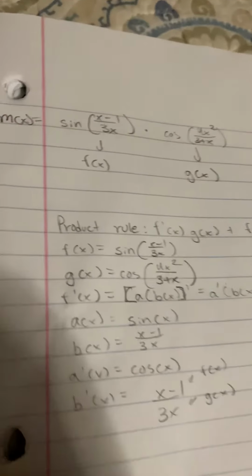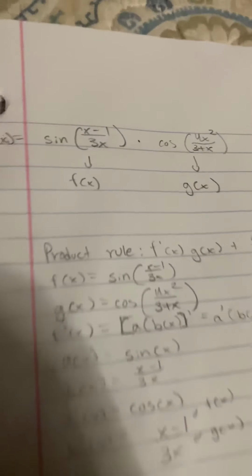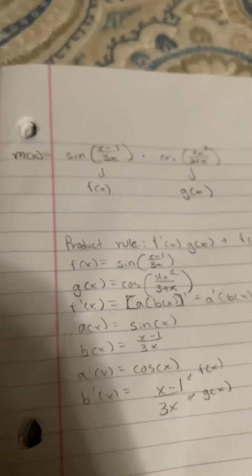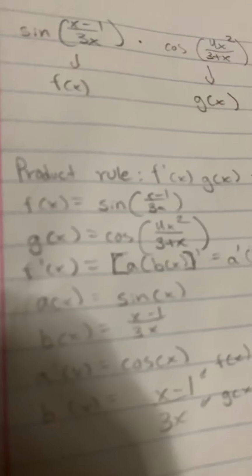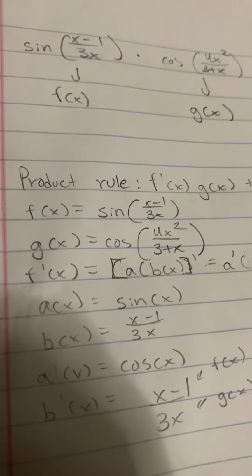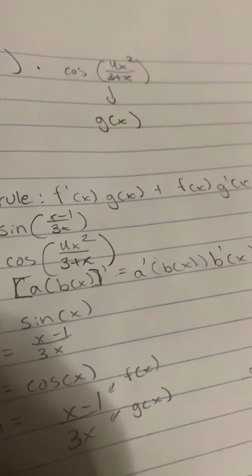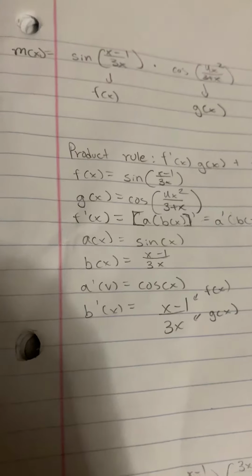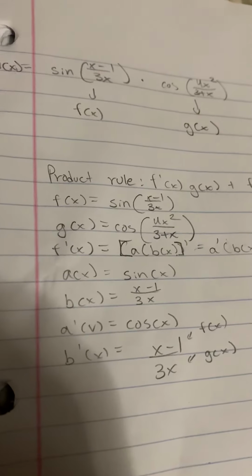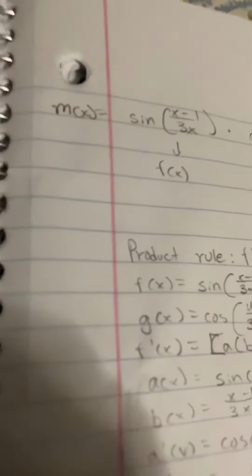Now, you got to find f prime of x, which is going to be the chain rule. It's not that simple, though. As you guys know, the chain rule is a prime of b of x times b prime of x. So a of x is, in this case, sine.